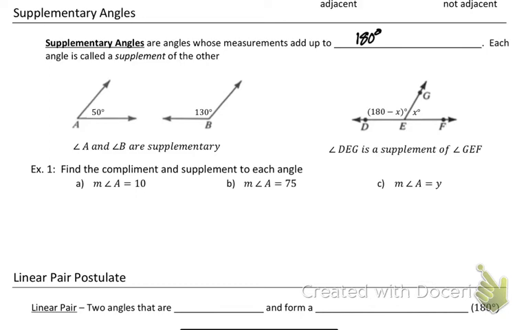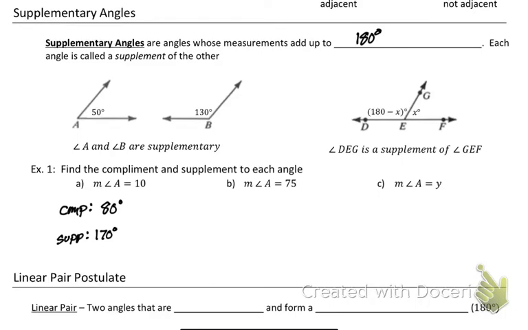All right, we're supposed to find the complement or supplement of each of these angles. So they say measure of angle A equals 10 degrees. What would the complement of angle A equal? It would equal 80 degrees because 80 plus 10 equals 90. Someone else, what would this be?